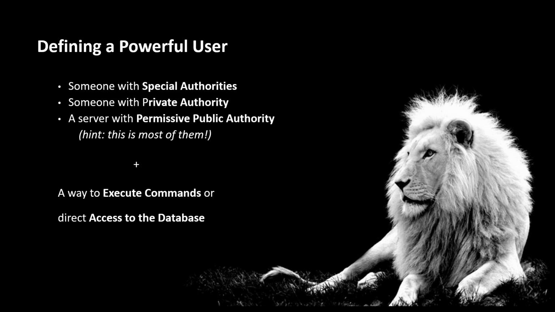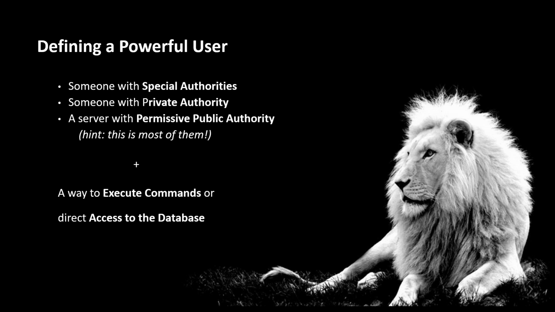And this is one that I put together and I tend to leverage because I think it's fairly representative of how most of us consider privileges to be assigned. First of all, it could be somebody that has one or more of the 8 special authorities that exist on the system. It could also be somebody who has private authority to individual database objects or applications.